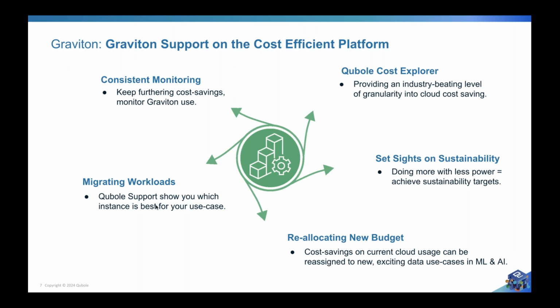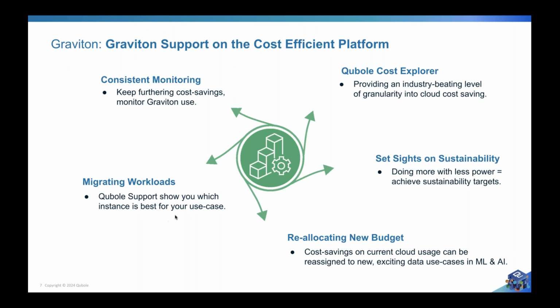Migrating the workloads: in case of Qubole, we will support you to migrate the workloads, but otherwise there is nothing much to be done from a customer perspective for a workload migration. The same Spark job which runs on x86 or Intel will run on Graviton. We have extracted out all the nitty-gritties and all the complexities of running the jobs on Graviton.